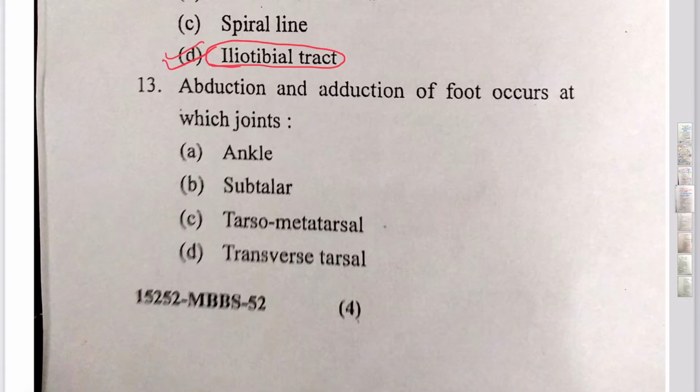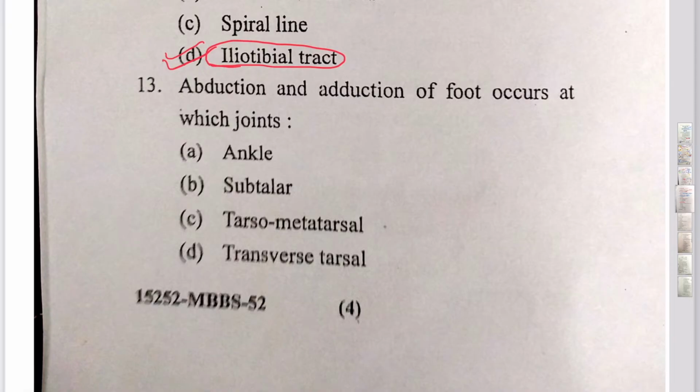Right? Now adduction and abduction will happen at the subtalar joint, which is also called the talocalcaneonavicular joint. At this joint, abduction and adduction happen, and it also contributes to dorsiflexion and plantar flexion.